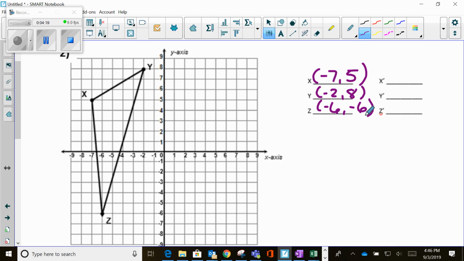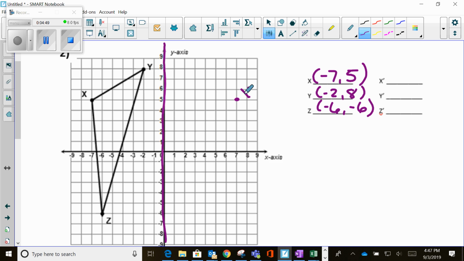When I'm reflecting over the y-axis, I'm reflecting over my vertical axis, which means we're going to be going from left to right. Again, a mirror image needs to be symmetrical and exactly the same distance from your axis. So for point X, if it was 7 units to the left, the mirror image would be 7 units to the right along the same line.